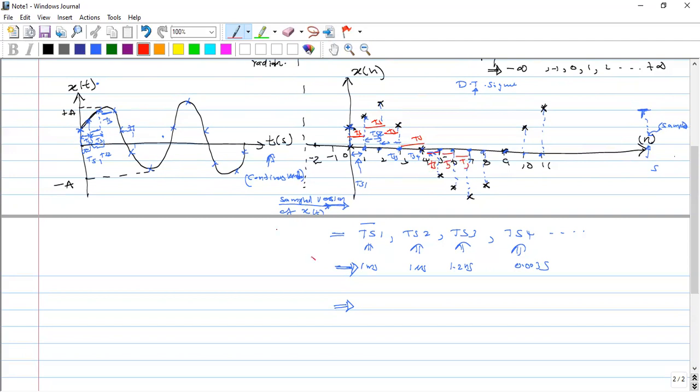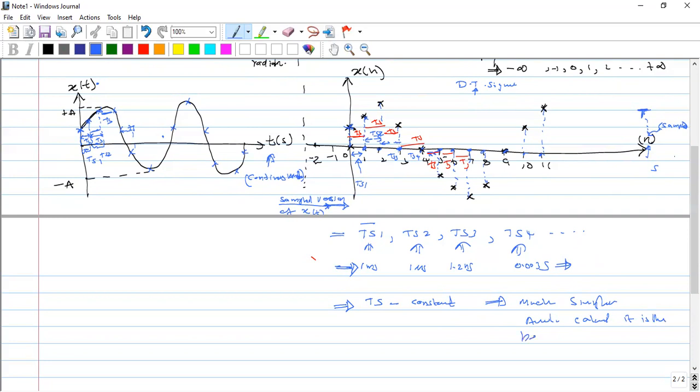So we can select constant time gap or uniform time gap. Normally we would like to select this constant time gap rather than a different time gap, because this is much simpler, and also for analyzing and calculation purposes, it is the best way.